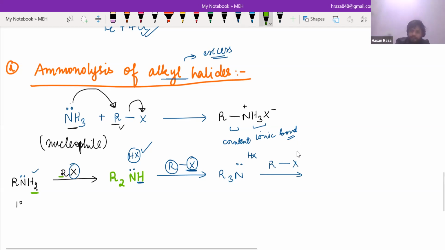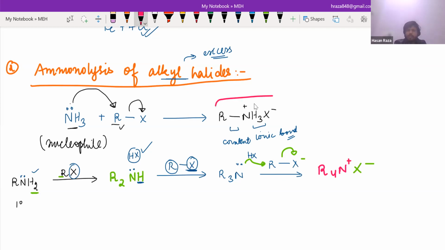So what will happen here? It will take electron in the form of X minus. Now this nitrogen has a lone pair which will attack on this R. So now it will be R4N positive. Again this forms this type of product. The bond between this and this is ionic, and this is basically covalent.